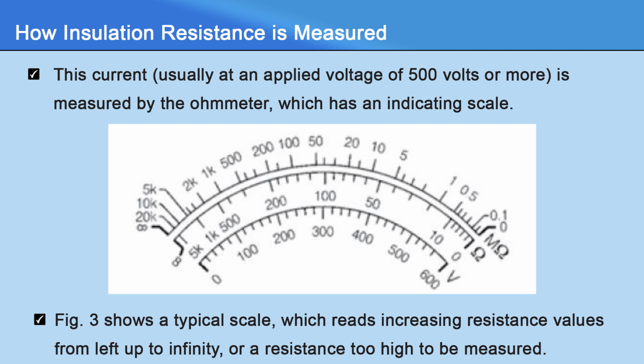And the third scale is for the voltage measurement, that is voltage generated by the generator present in the Megger. So figure 3 shows a typical scale which reads increasing resistance values from left up to infinity, or resistance too high to be measured.